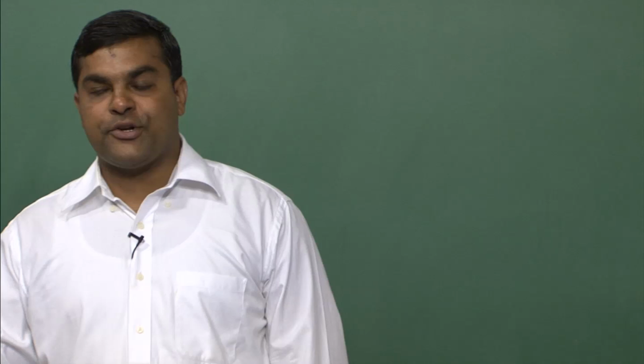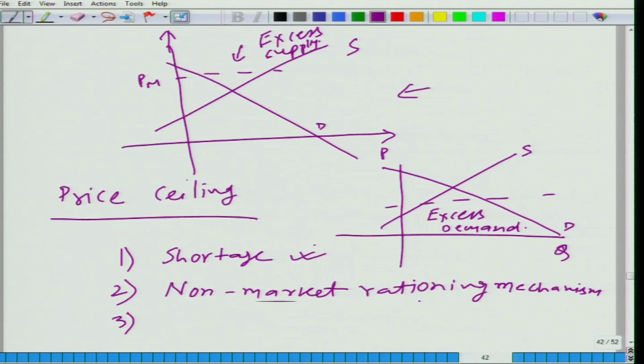So, they have to wait longer, like the long queues outside a petrol station, gas station, or the long wait to get a gas cylinder. People would love to buy more gas cylinders at that price, but there is not enough supply to fulfill their demand. This is a non-market rationing mechanism.